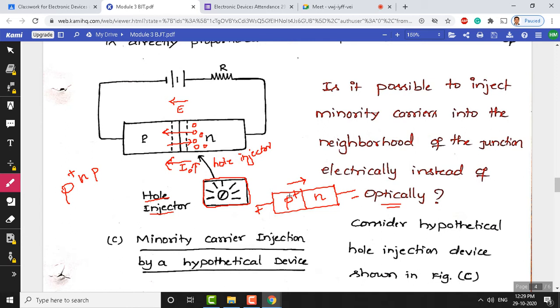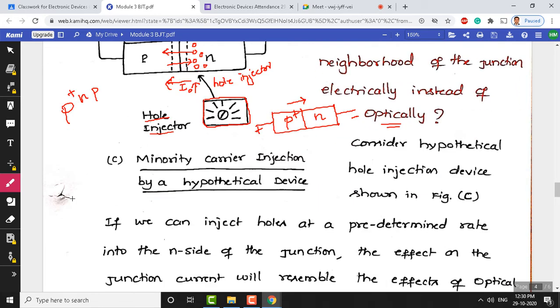P plus N serves as the emitter, this serves as the base. This region can be made common with this region here, so that it becomes the base region, and lastly we have a P plus region, which becomes the collector. With that we can construct a P plus NP transistor.